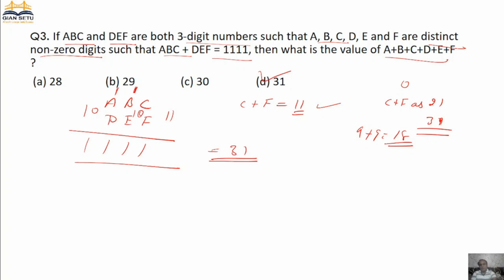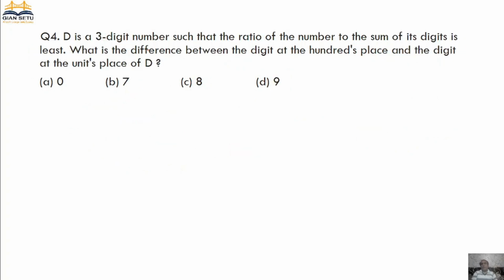Now let's move to question number 4. D is a 3-digit number such that the ratio of the number to the sum of its digits is least. What is the difference between the digit at the hundreds place and the digit at units place of the number D?